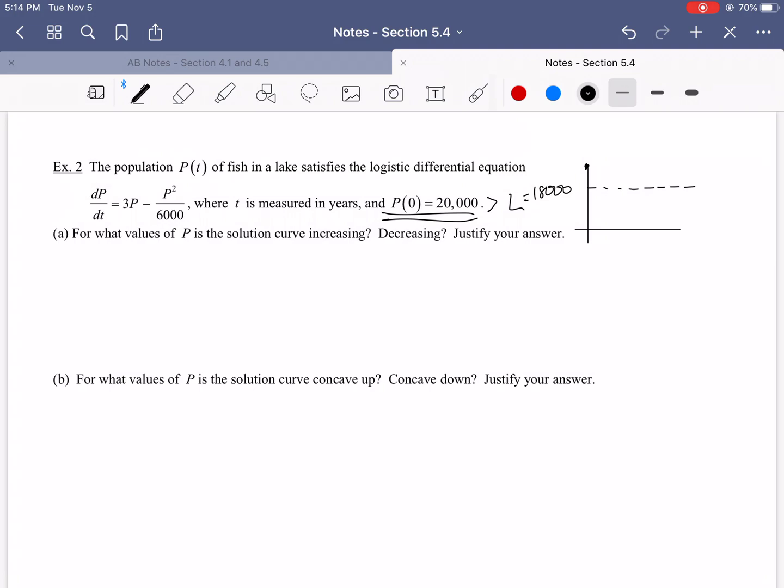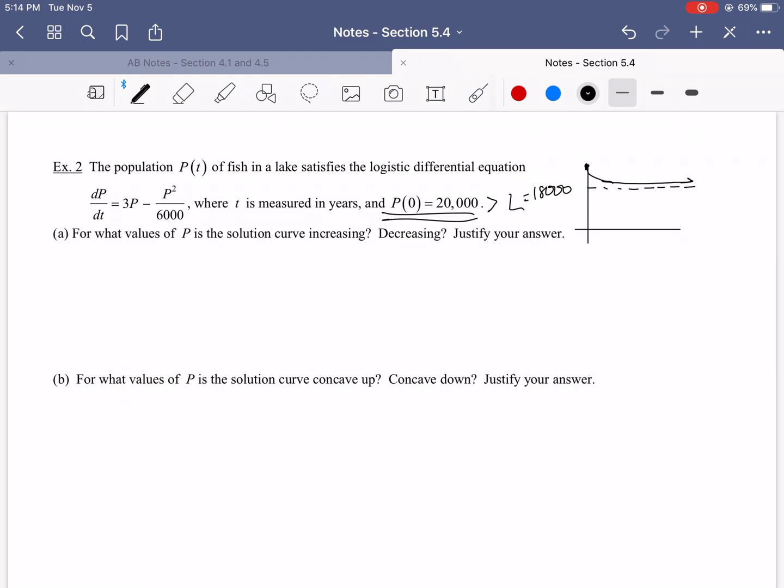It can only sustain 18,000 fish, the carrying capacity. So what's going to happen is that our graph is going to quickly decline back to that carrying capacity, and it's going to be concave up in doing so. We're going to see that as we work this example.